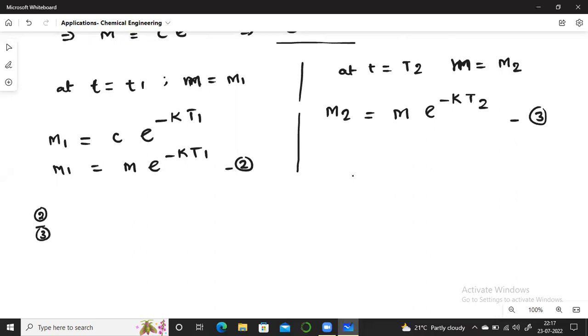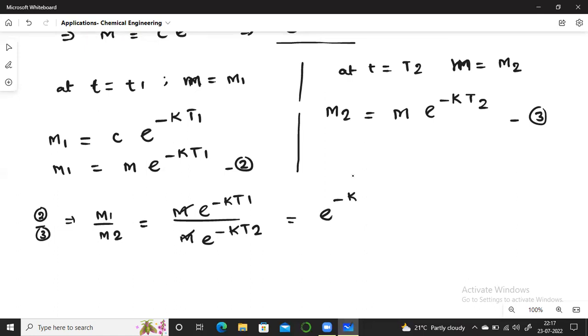It means m1 over m2 is equal to M into e to the power minus k t1 over M into e to the power minus k t2. That implies M will cancel each other.